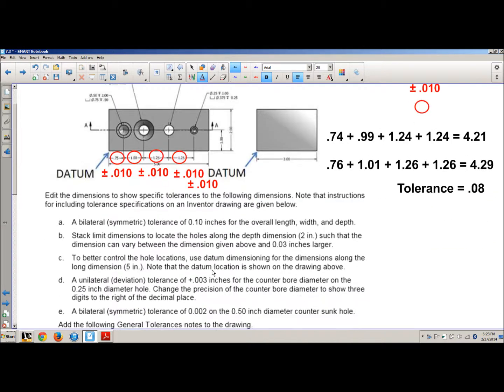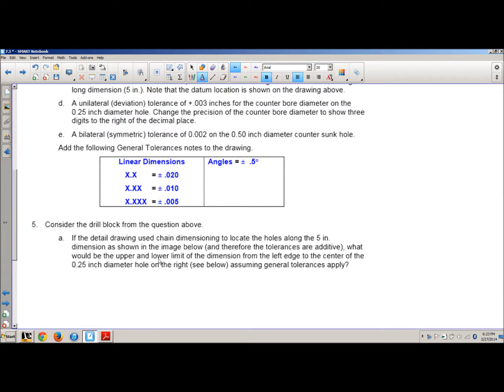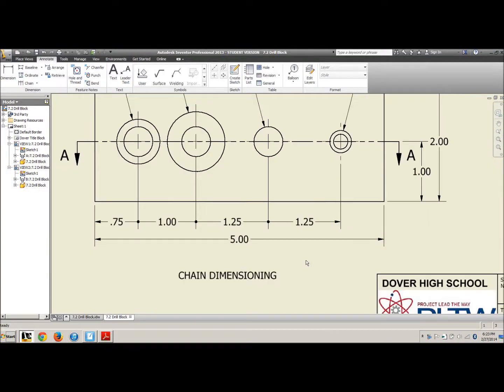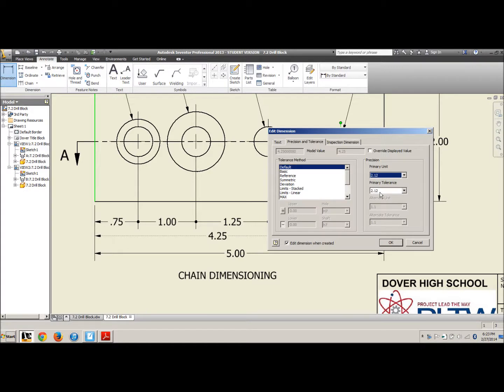So I think what they ask us to add is the upper and lower limit of the dimension. So assuming that those general tolerances apply when we're on the chain dimensioning, let's go ahead and add one more dimension. Again, this could be a significant difference.